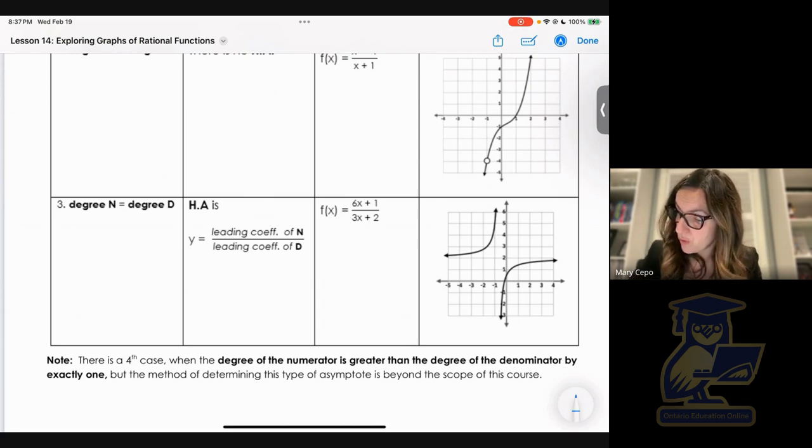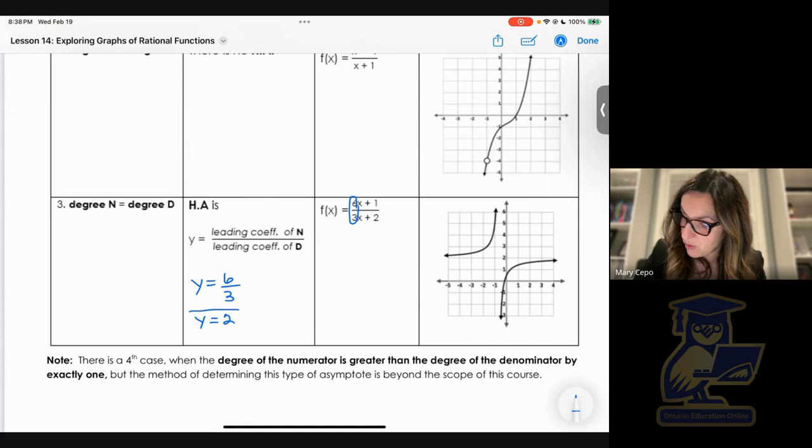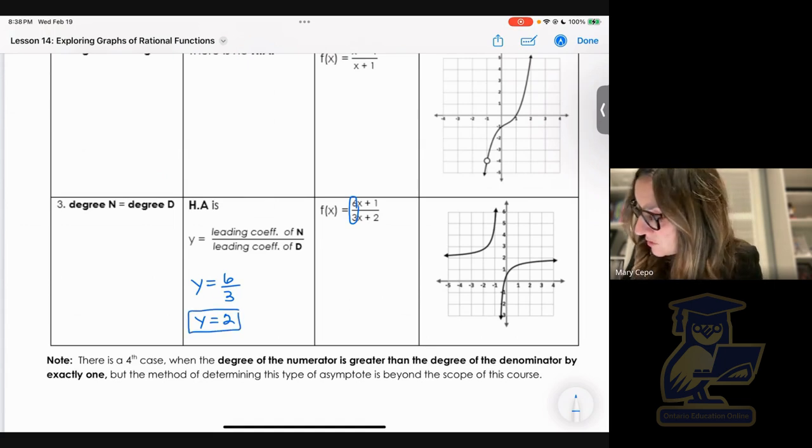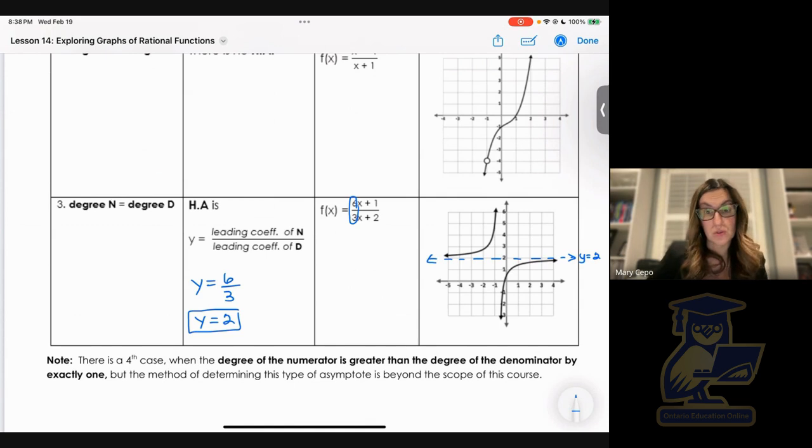So the horizontal asymptote in this case would be the leading coefficient in the numerator, which is 6, over the leading coefficient in the denominator, which is 3. So y equals 2 is where that horizontal asymptote would be. If you see here, that's exactly where it is shown. The curve gets closer to that horizontal asymptote, but it never crosses it.